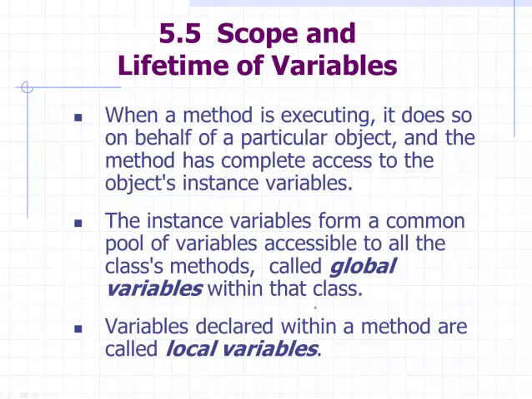We would call these variables, the instance variables, the private data members, global variables, because anything within that class can use those variables. They are global to the entire class. Variables inside one method are local. Only the method itself is able to use those.